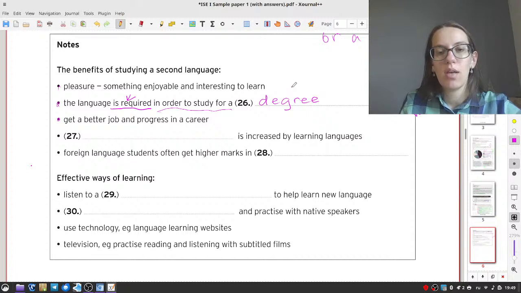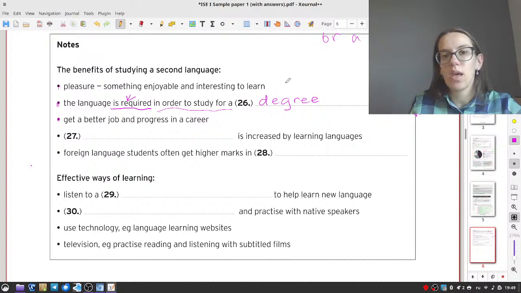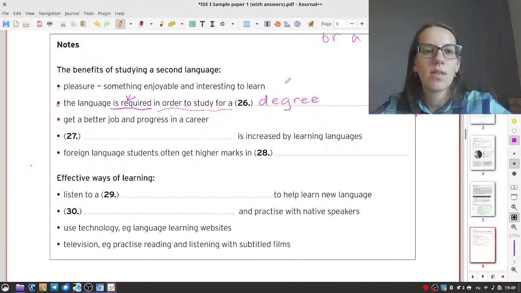So, you can say the same idea in other words. The language is a requirement to study for a degree, yeah? Or it's a degree requirement to know the language. It's all the same thing, yeah, using different words, but it means the same.